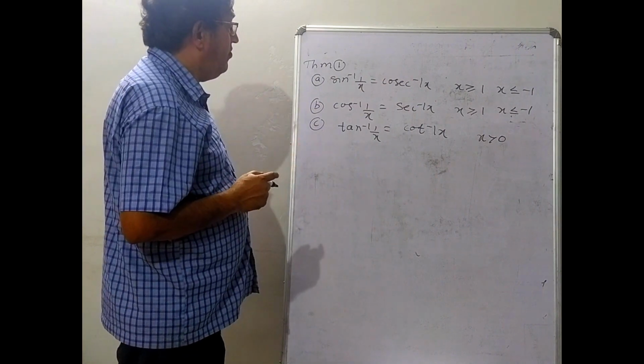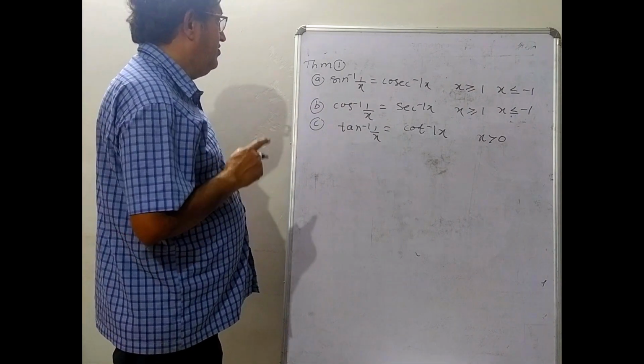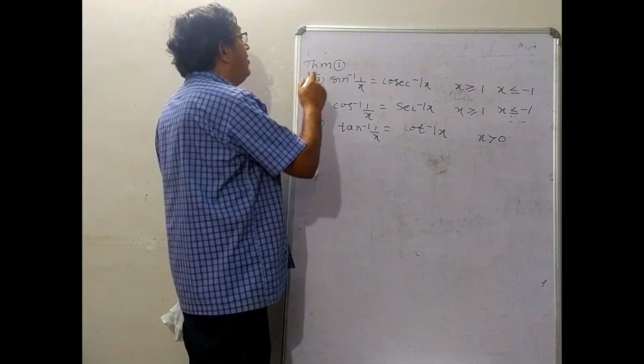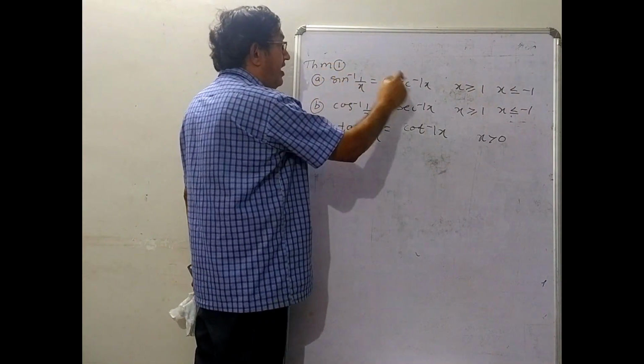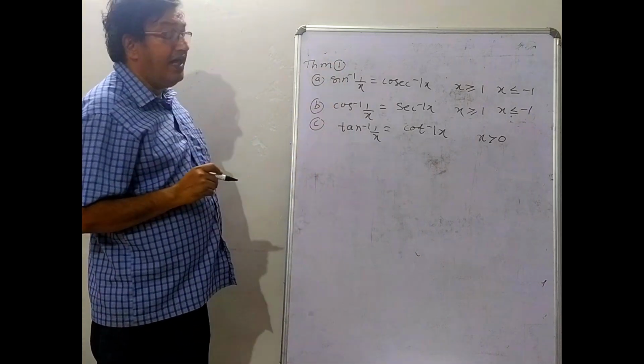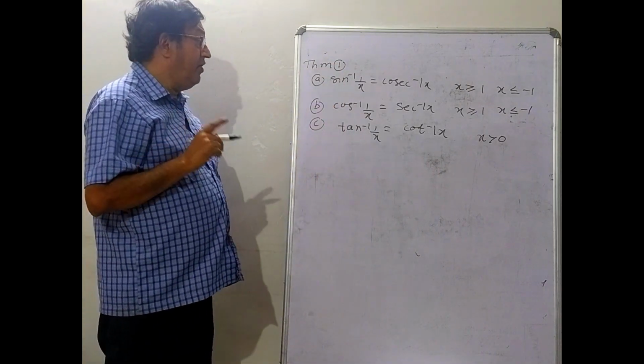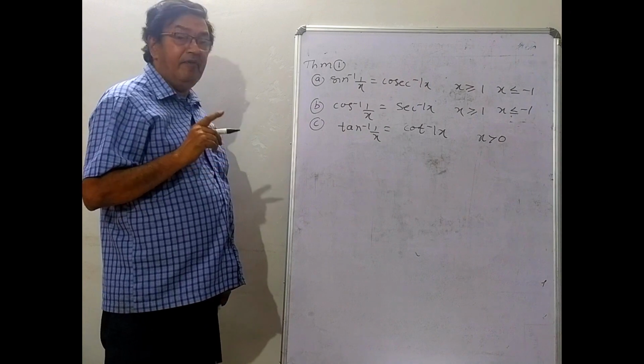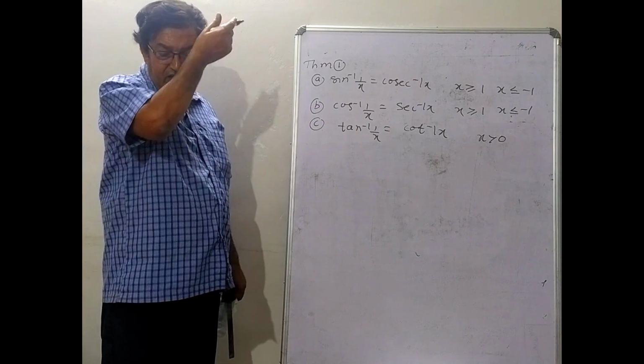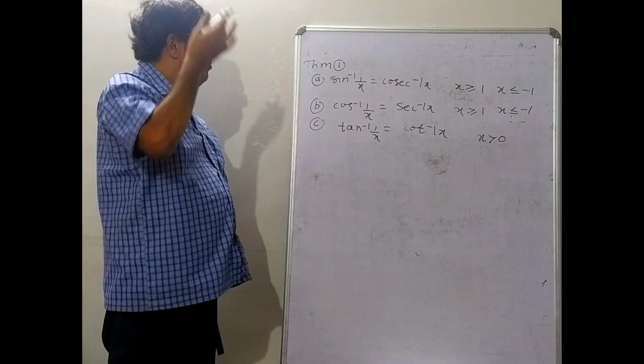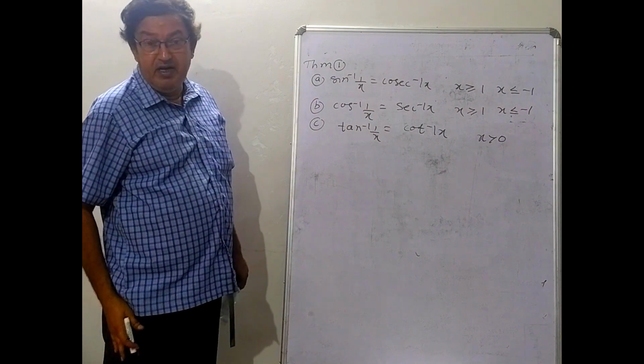Now I will prove theorem number 1, the first part, that is part A. Then you have to prove part B and part C on the same basis. There will be no difference in proving the second and third parts.